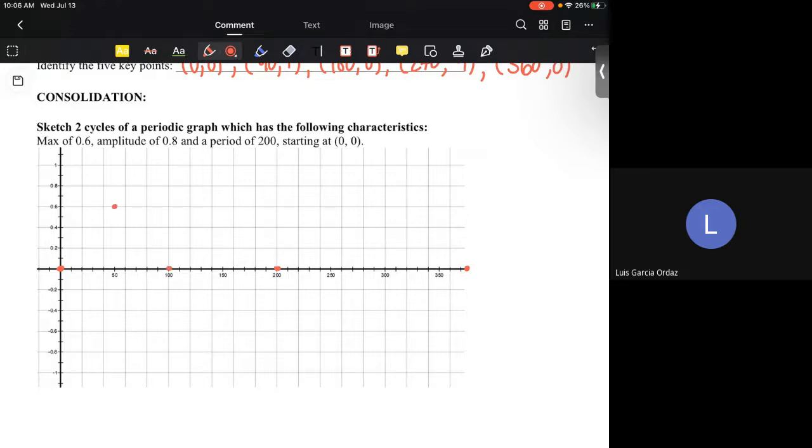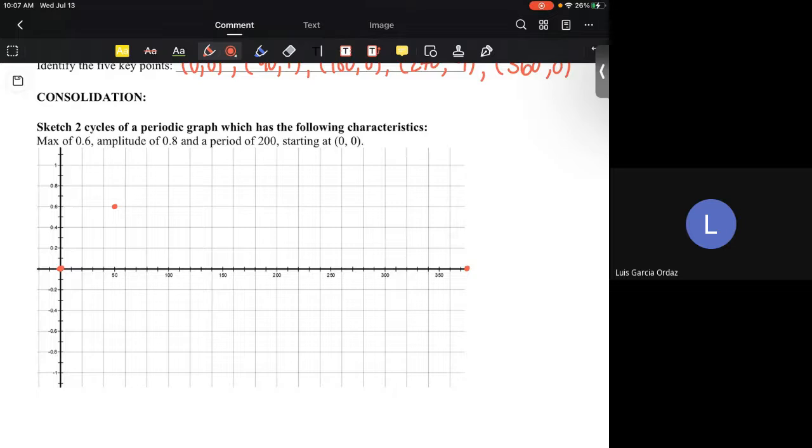And it's going to hit 0 at 100. But because our amplitude is different, we need to work with it. So it starts at 0, 0. Our first max is at 0.6, which is at 50.